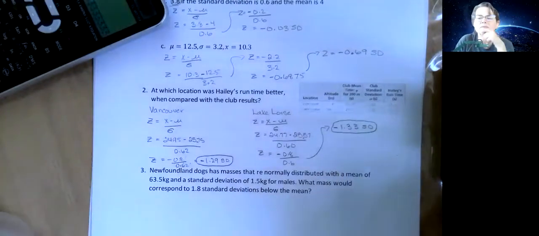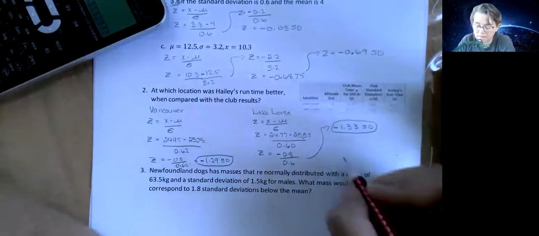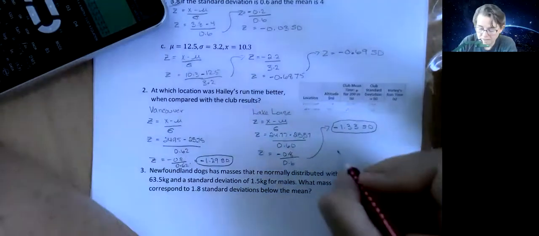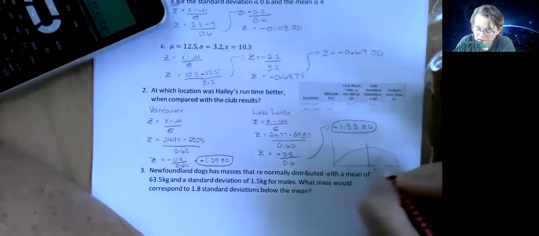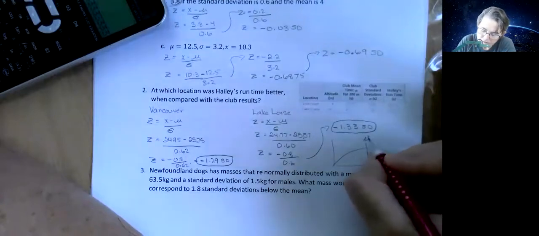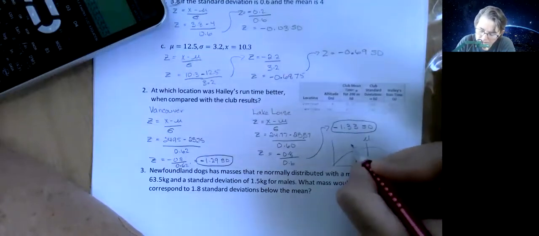All right, so which one was she better at? What do you think? Well, I was thinking we could draw a graph. Yeah, let's do that. I'll go through two sets of reasoning here. If there's my mean, okay, so there's minus 1.